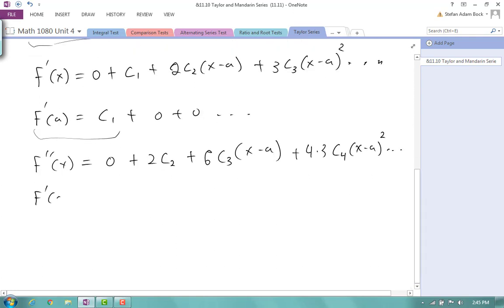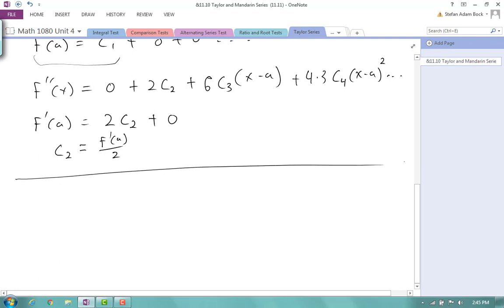When I plug in a again, I get 2c sub 2, and all the terms left over still have x minus a, so they go to 0. Which means my c sub 2 is equal to f double prime of a divided by 2.